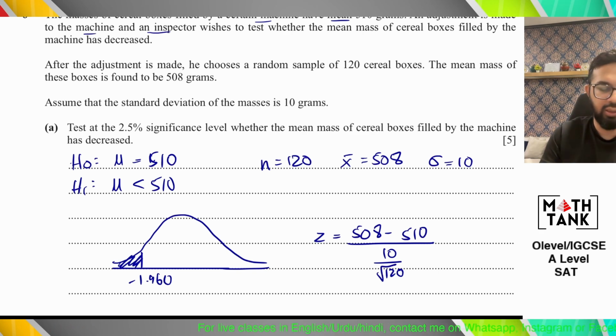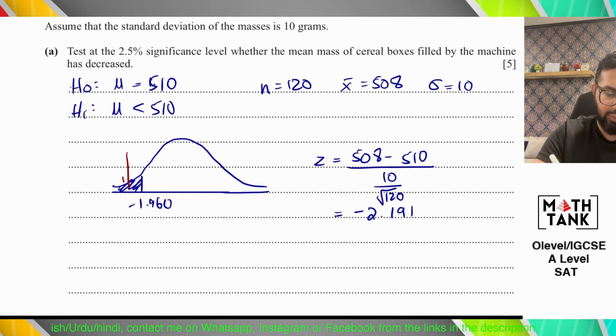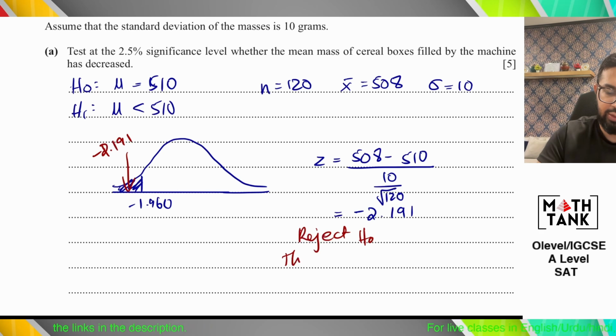That gives me minus 2.191. So it is inside the critical region, reject H naught. There is evidence that the mean has decreased.